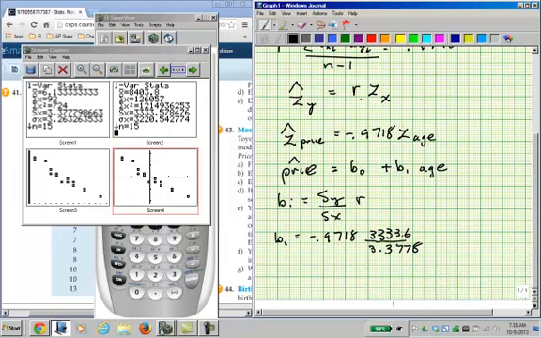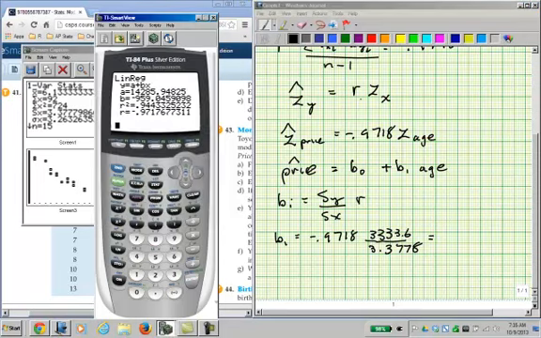Now we're just doing this as an exercise, you understand? You're never going to be expected to do this. Well, you're expected to play with parts of this. So let's go to the calculator, and we can do this by hand just this one time. So we're going to clear, and we'll do negative 0.9718 times 333.6 divided by 3.3778.